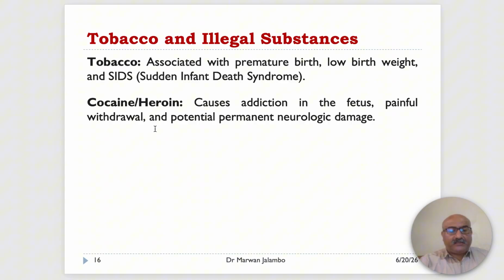Illicit drugs like cocaine and heroin are just as dangerous. They cross the placenta, leading to a fetus that is chemically addicted in the womb. These infants face agonizing withdrawal upon birth and a high risk of permanent neurological impairment.